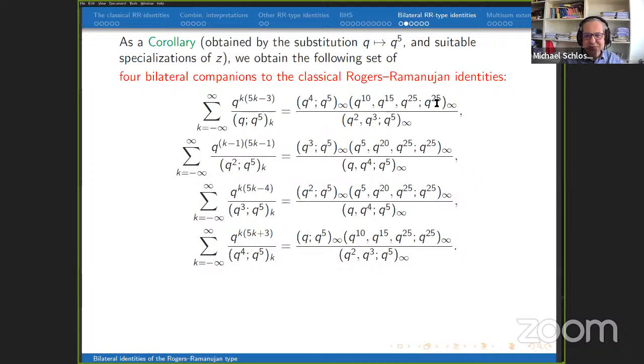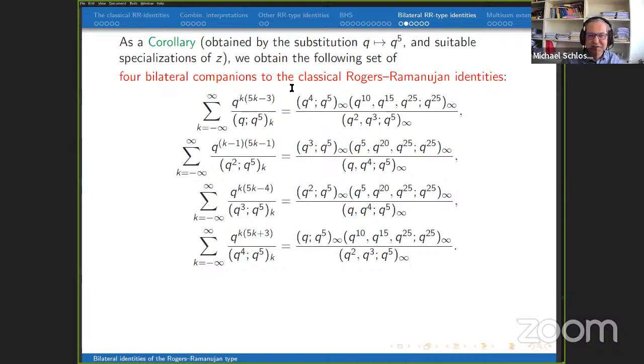So you now have base q to the 25, because we have base q to the 5, and then replaced again q by q to the 5. But on the left-hand side, we have base q to the 5. And because we have here q squared, q cubed, q to the fourth, and not q to the 5th, these series naturally do not terminate from below, but they really go infinitely in both directions.